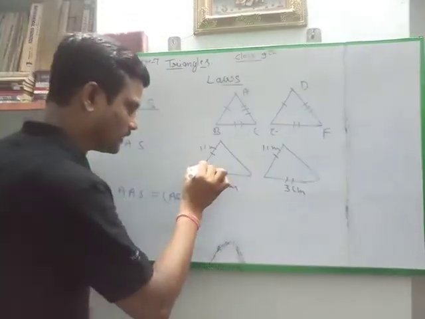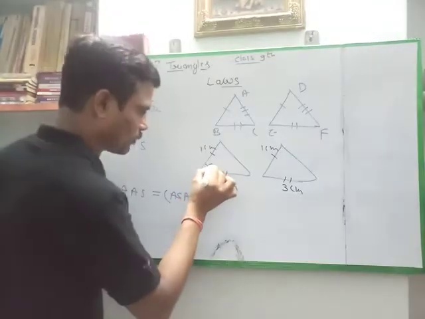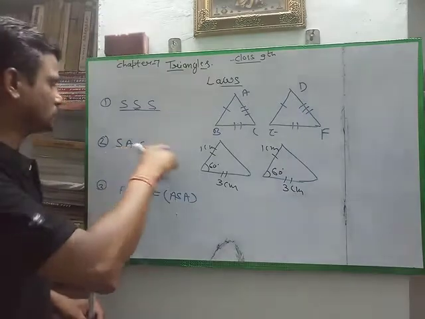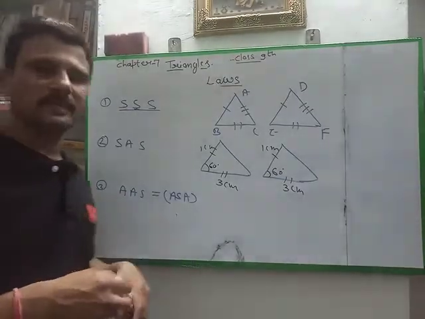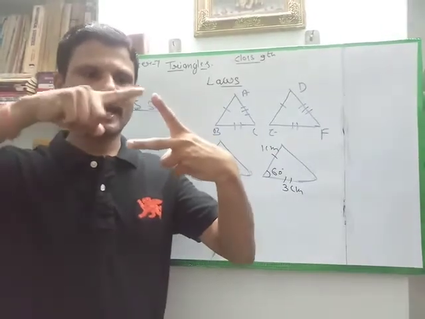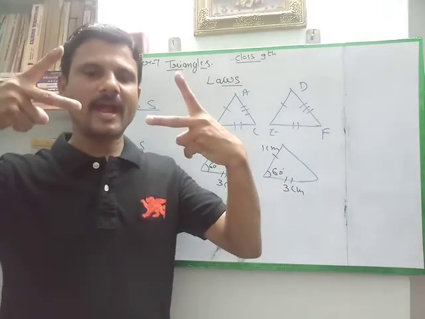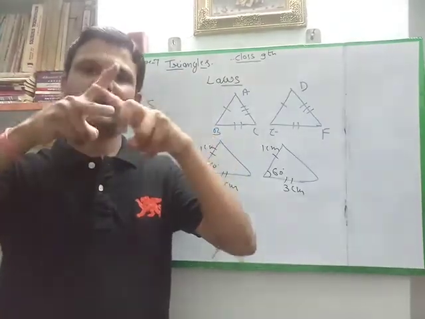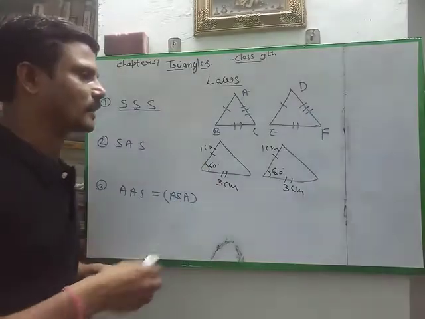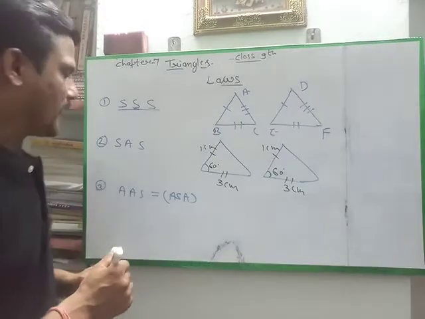And the angle between those lines, suppose this is 60 degrees and this is also 60 degrees. So we can say these triangles are congruent by the law of SAS. Two sides and the angle between them being the same, the triangles are congruent by SAS.